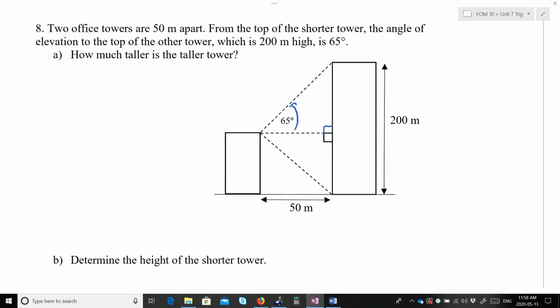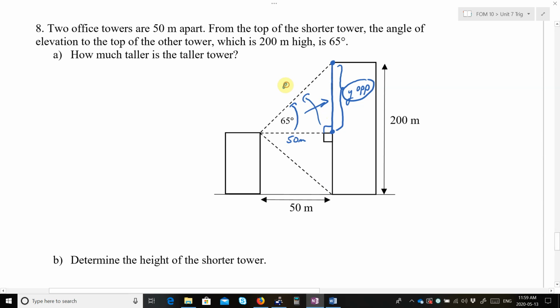Okay. So, how much taller is the taller tower? We need to figure out this distance right here. Boom. And since the buildings are 50 meters apart, that little dotted line across will be 50. And so to figure out this y length here, the y is the opposite side.